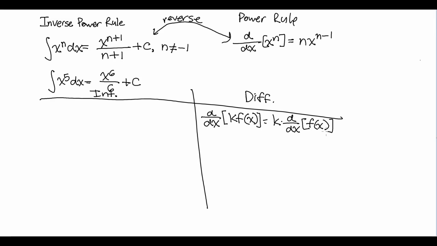The same can be said about integration. The indefinite integral of k, where k is a real number, times f of x dx is equal to k times the integral of f of x dx. So you can also pull out the k when you're taking an integral.